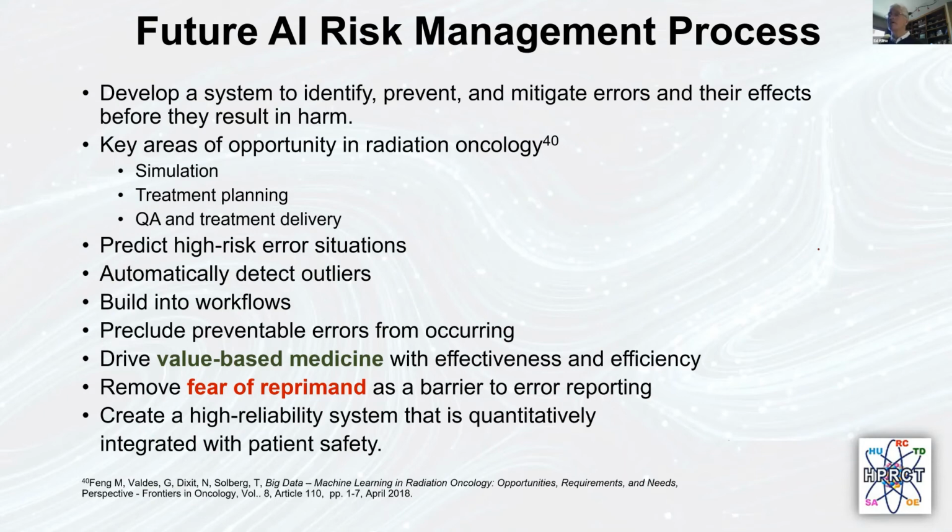The biggest thing here, and Brian, you're bringing up the question related to this: if we can remove the reprimand fear by automating a process, then you can't point a finger at the person who either made the mistake or found it, right? You remove it. The machine found it. This is the biggest benefit of AI, because that removes this fear of, oh no, you got me, or I'm going to get you.